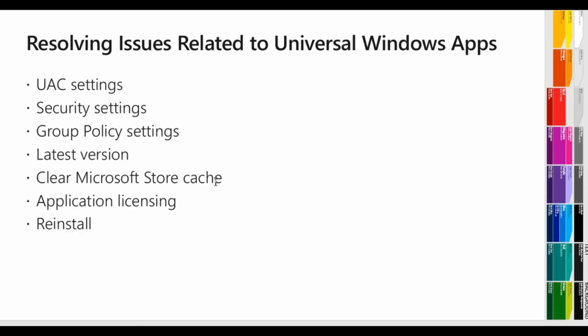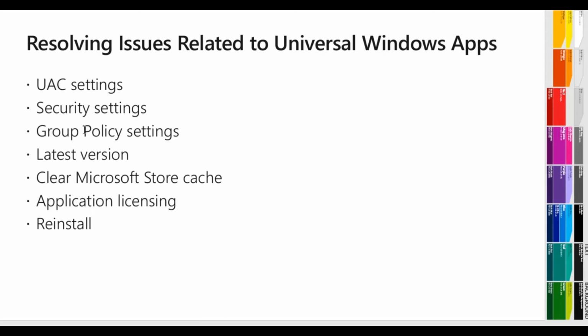Resolving issues related to universal Windows apps, such as UAC settings. UAC means user account control, those kinds of settings. Maybe that is stopping the user from accessing some particular applications.